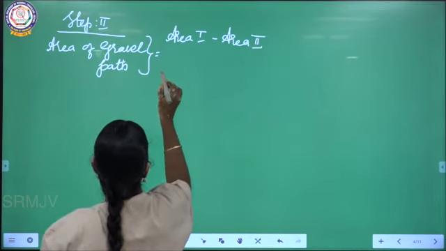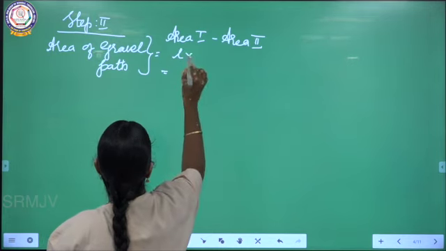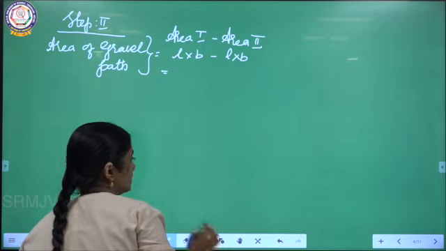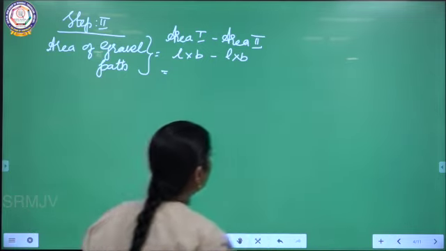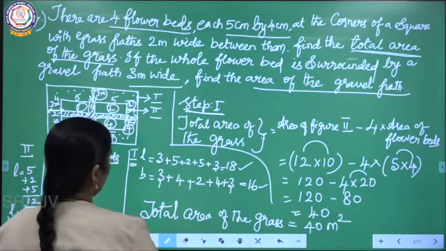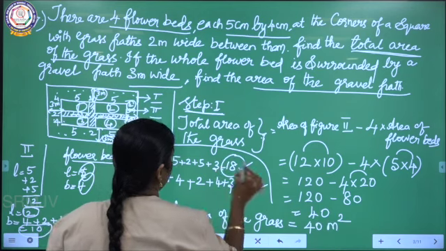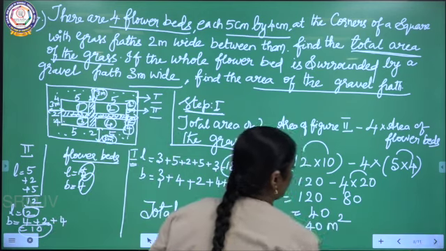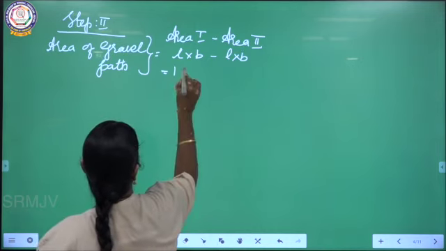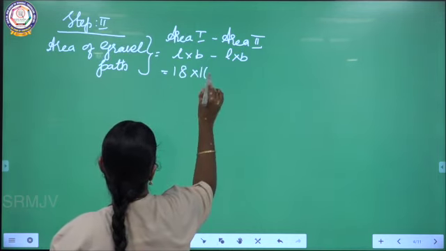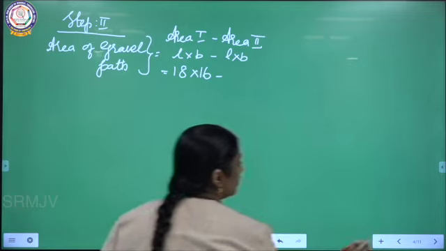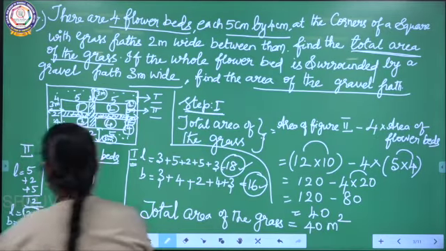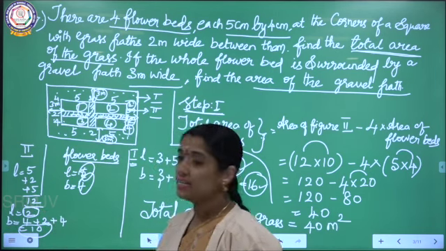Write the length into breadth minus here also length into breadth. What is the length and breadth for figure 1? 18 and 16. So 18 into 16. And what is the length and breadth for figure 2? 12 as well as 10.